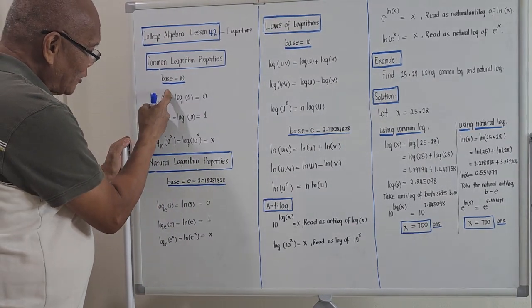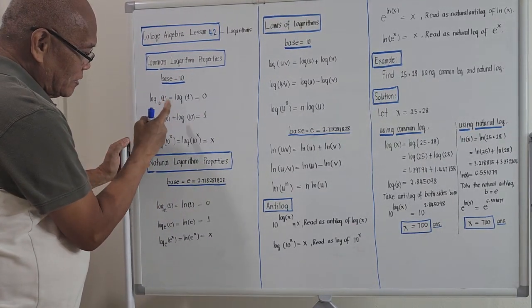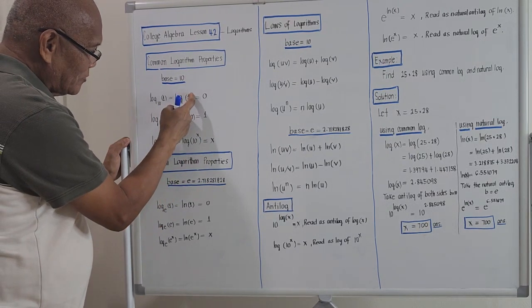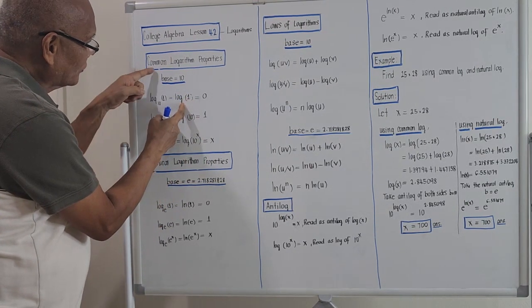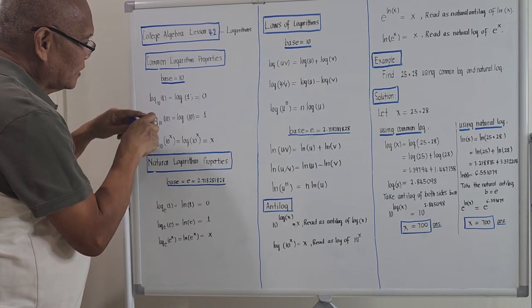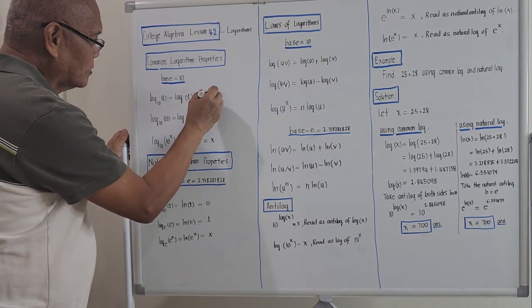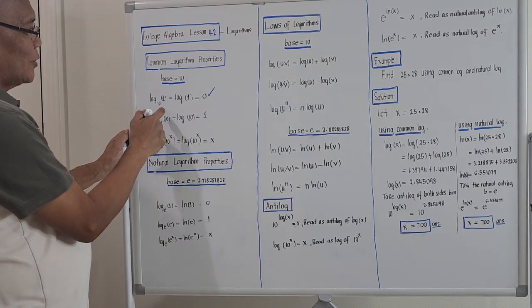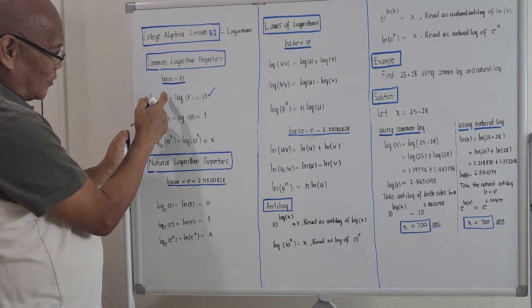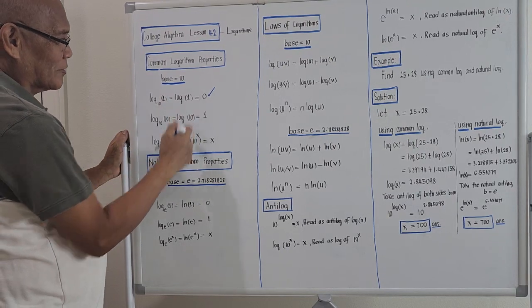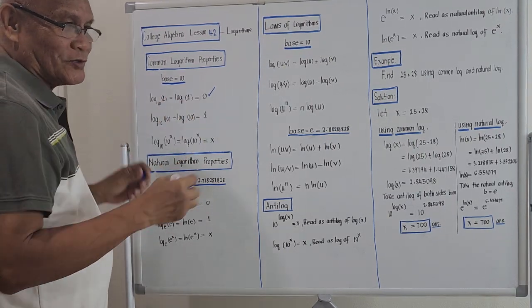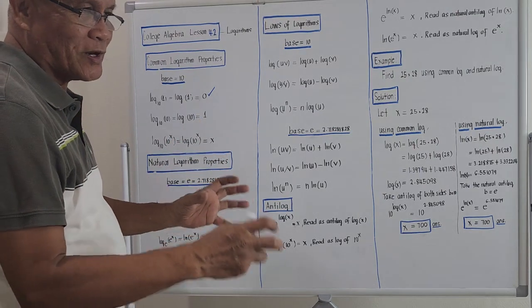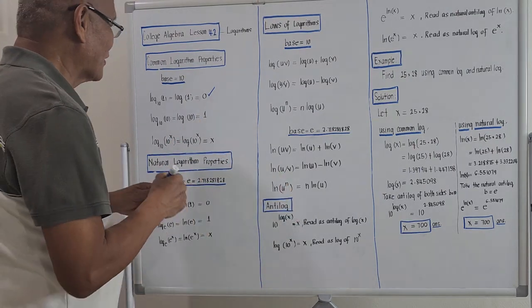The logarithm of 1 with the base of 10 should be equal to the logarithm of 1 without any base. It is understood to be common logarithm, and they should be equal to 0. How do we know that the common log of 1 with the base of 10 is equal to 0? From the definition of a logarithm, it is the power to which the base of the logarithm must be raised to equal that number.